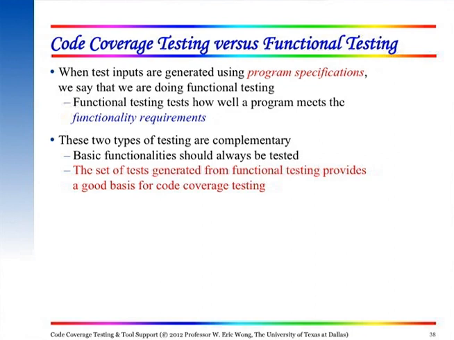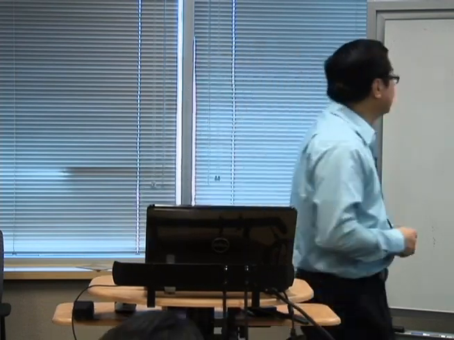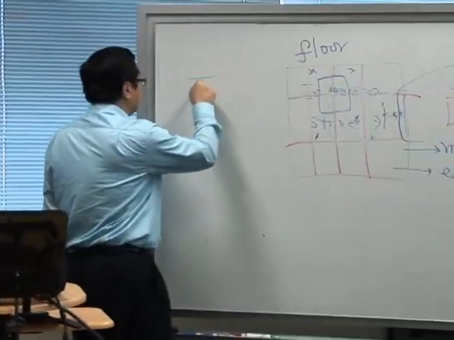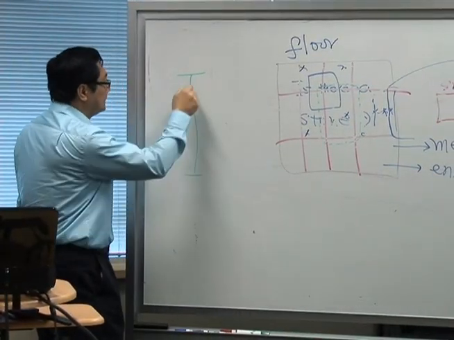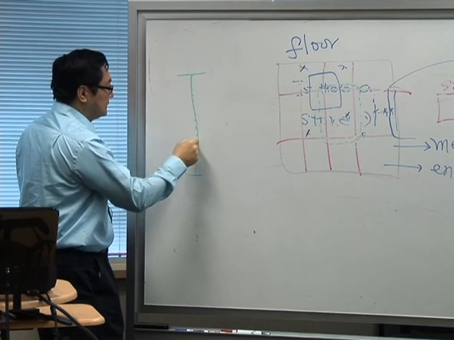So in general, we emphasize that you always begin with functional testing. That is something which you must do. You have to do it. After that, you can think of additional techniques to help you generate test cases. So the whole idea is this: you have so many possible inputs, right?